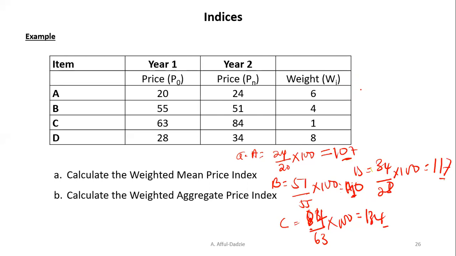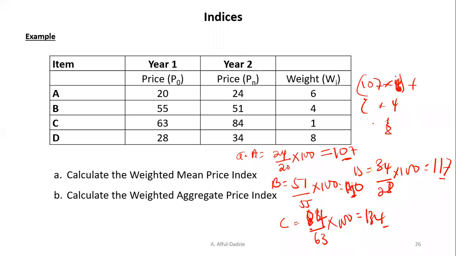Now, we will multiply each of the index numbers with the respective weight. So first, you take 107 times 6, plus the next one times 4, and then the other one times 1, and the last one, which is 117, will be times 8.